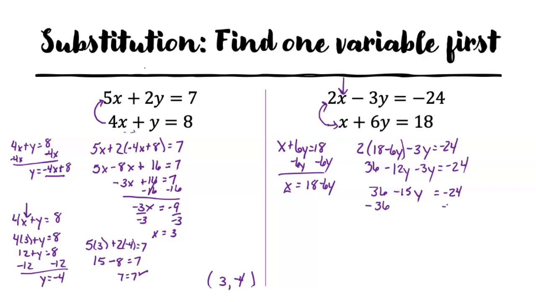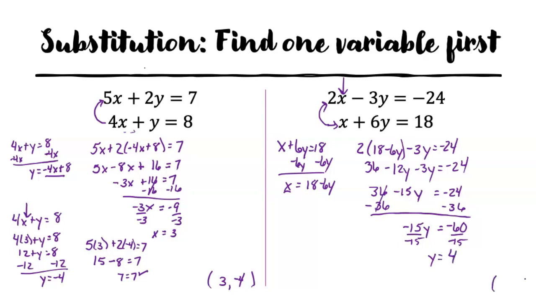Subtract 36 from both sides. Ooh, I'm glad we made it back to that two-step equation. 36, well, that's going to disappear. So negative 15y equals negative 24 and negative 36. That'd be negative 60. We're going to divide both sides by negative 15. And y is going to equal, well, how many times will 15 go into 60? Yeah, 4. And a negative and a negative make a positive.